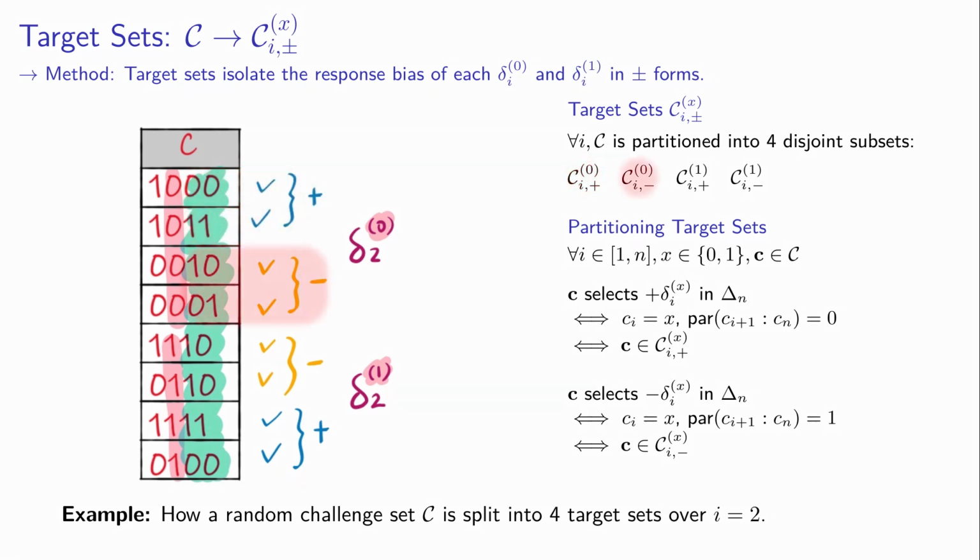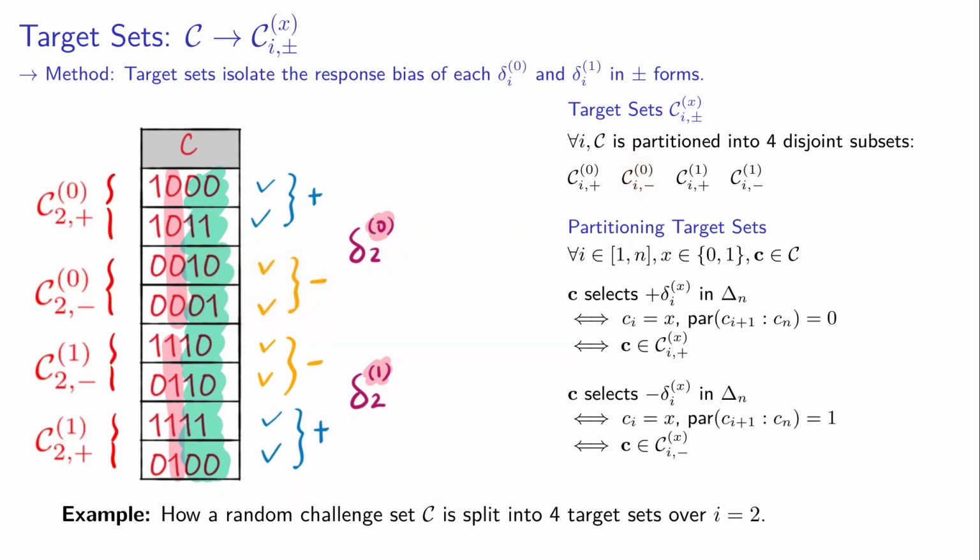The next 2 challenges selecting the same delta have odd parity for their last 2 bits, so they're part of the set choosing delta 0 at stage 2 in negative form. The same logic applies to the challenges selecting delta 1 at stage 2, which leaves us with 4 target challenge sets from 1 random challenge set.